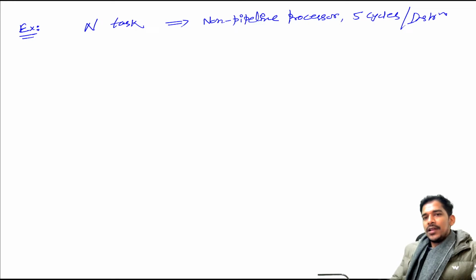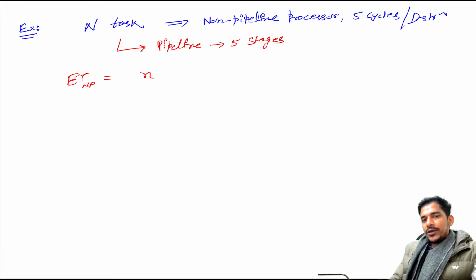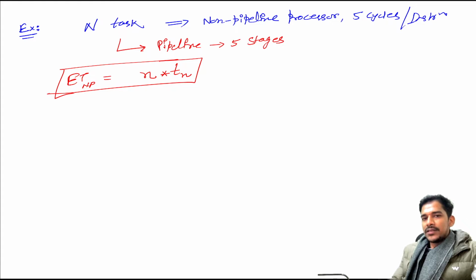And let us say the n tasks are also executed on a pipeline system, and in the pipeline we have 5 stages. Then the execution time in case of non-pipelining will be the number of tasks times the time taken to execute one task in the non-pipelining system.